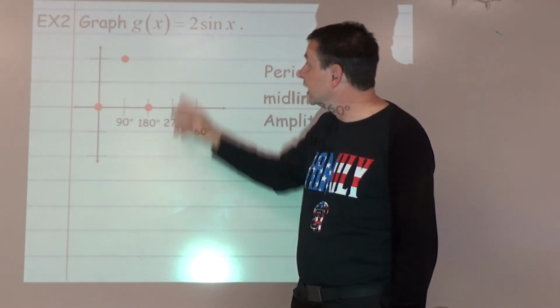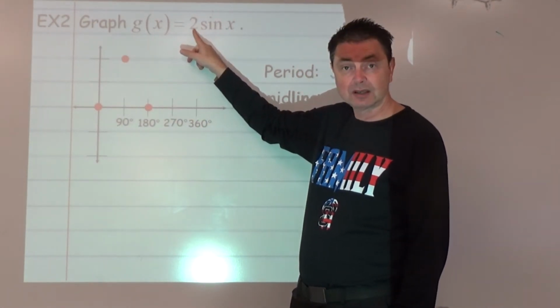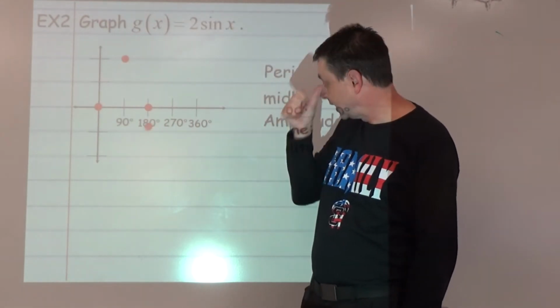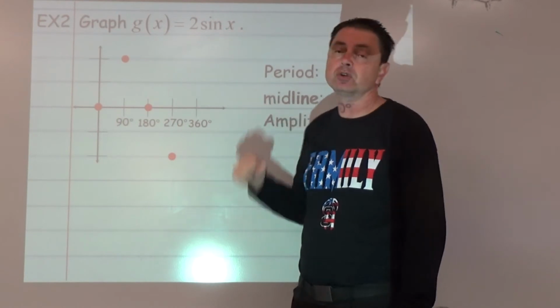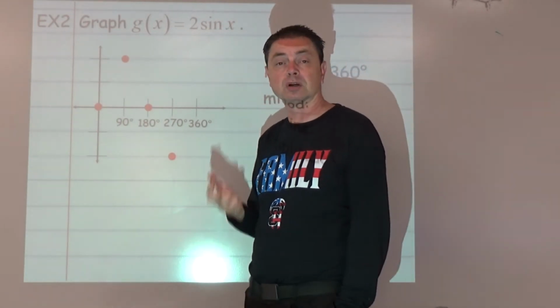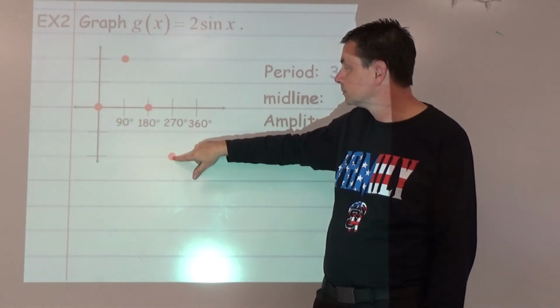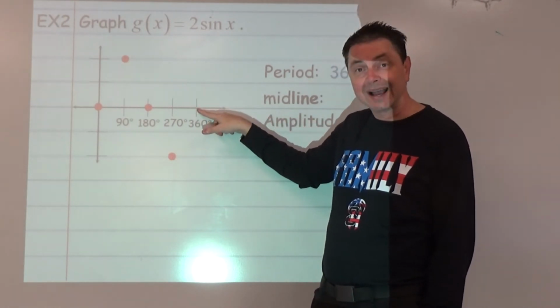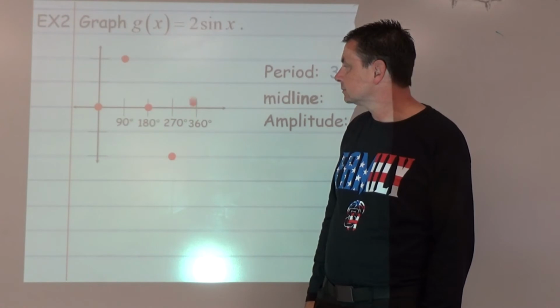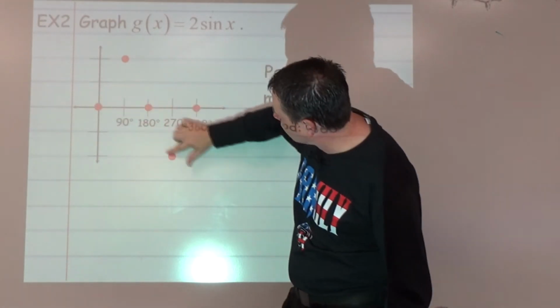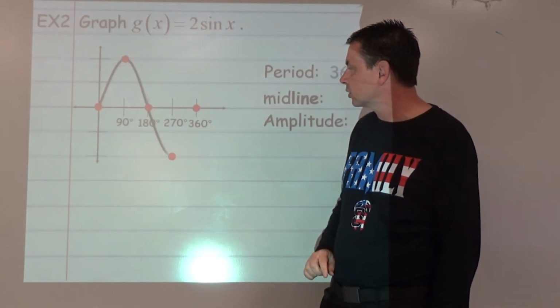We're going to go below it, 2 below it. Stretch by 2. We can verify that by saying that the sine of 270 degrees is the y-coordinate, which is -1, times 2 is now -2. And then we're back to the x-axis. So carefully, parabola shape, draw the curve.